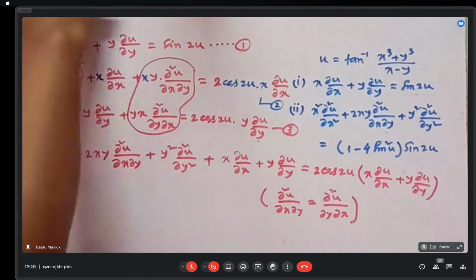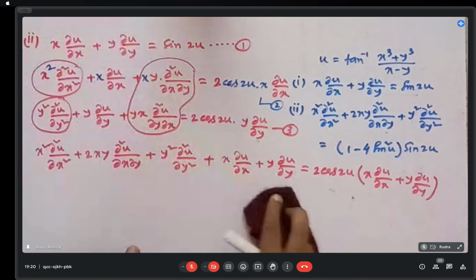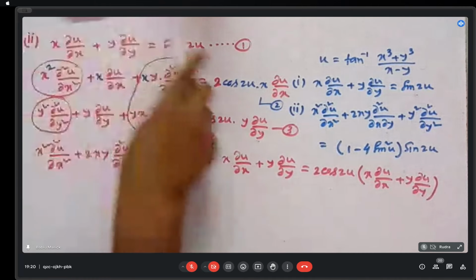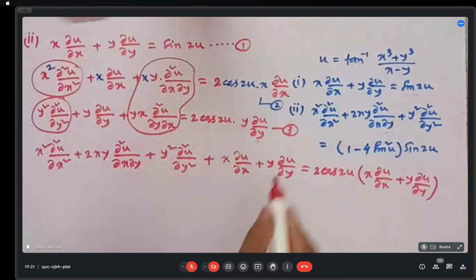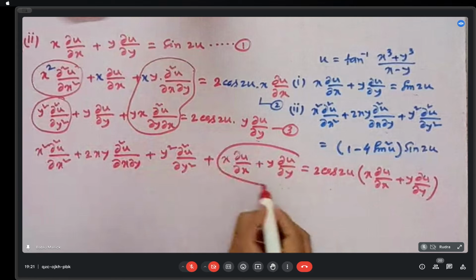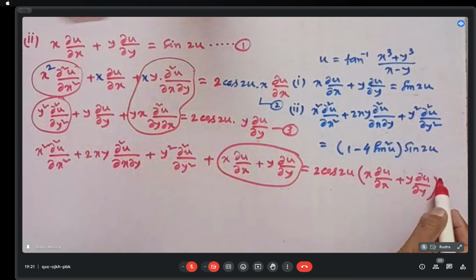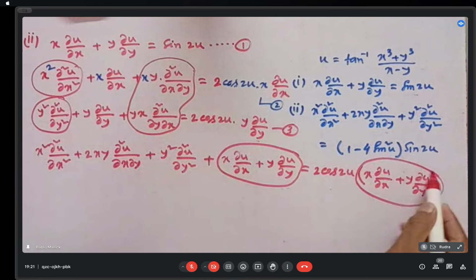Next, simplify. Now we shall use Euler's result 1. Here I shall put sine 2u and then take it on the right side.